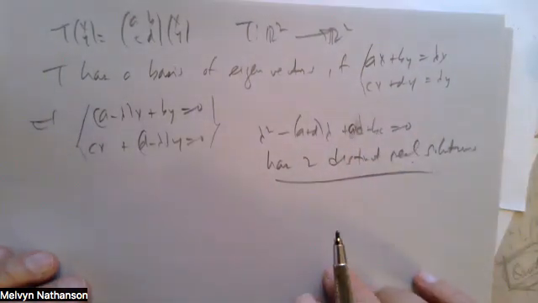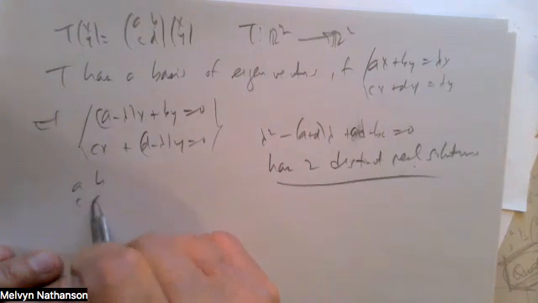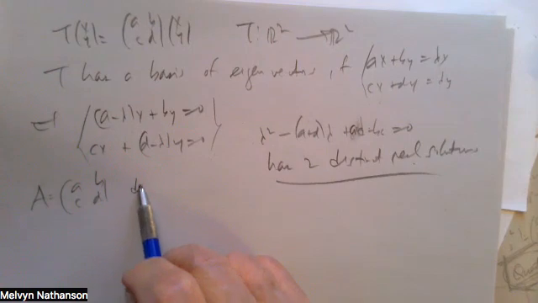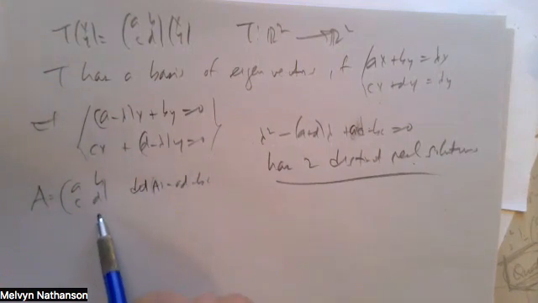By the way, if you have a matrix A, B, C, D, recall the determinant of A is AD minus BC.